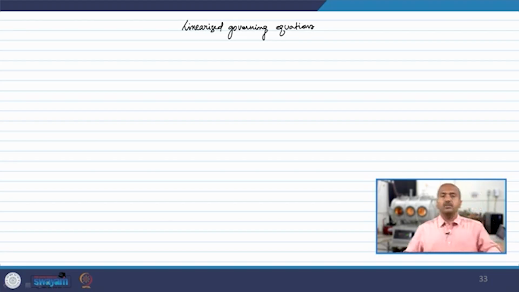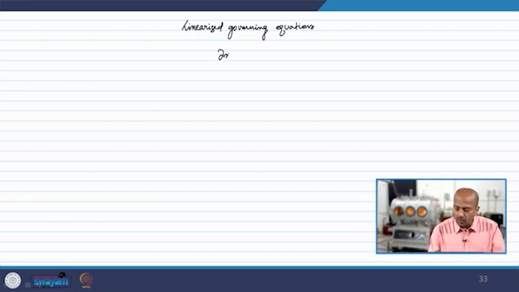So, these are the linearized governing equations, considering plasma as a two fluid.